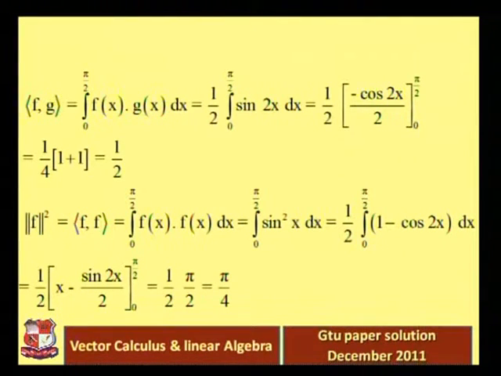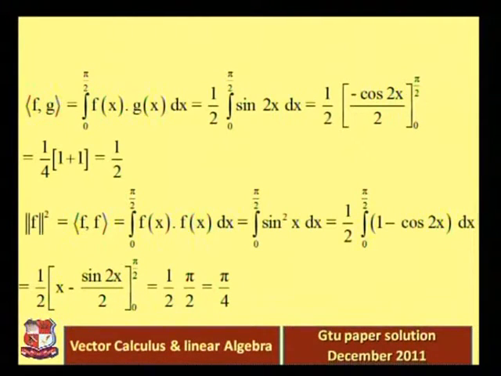The integral from 0 to π/2 of 1 minus cos 2x dx is equal to 1 by 2 times x minus sin 2x divided by 2 from 0 to π/2. So 1 by 2 into π/2 equals π/4, because whenever we put π/2 instead of x, sin π becomes 0, and sin 0 is also 0. Whenever we put 0, that is 0. So 1 by 2 into π/2 is π/4.